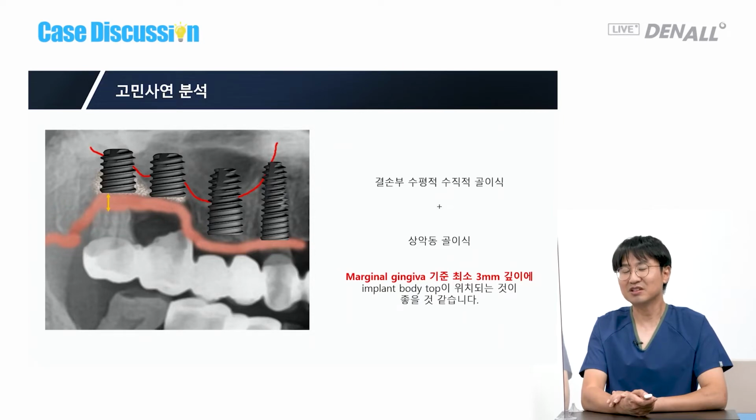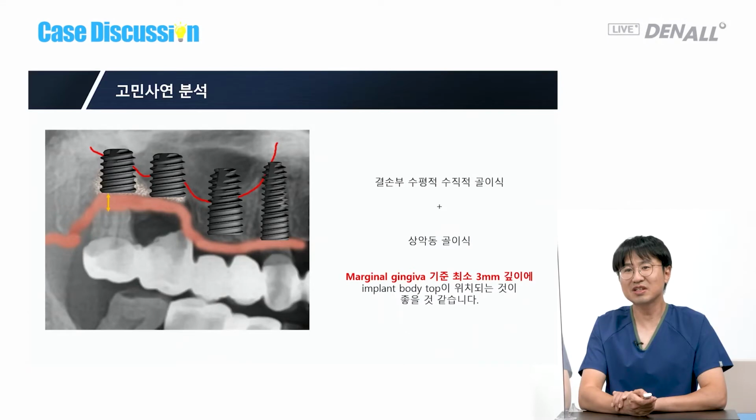If bone in the sinus can be created pretty well, that can be an option. The placement depth can be reduced. I'm not sure whether this is an intra-bony defect or extra-bony defect. If it were an extra-bony defect, whether we should augment vertically up to the top, I'm not sure.